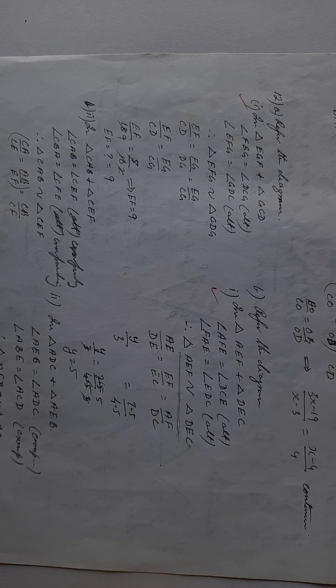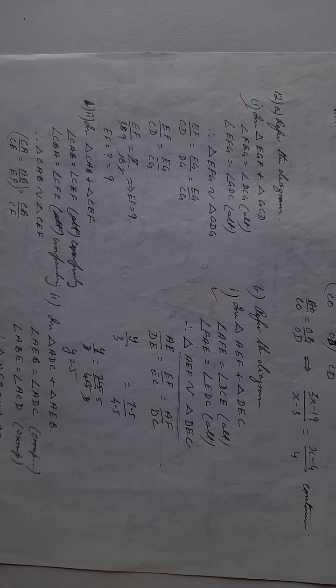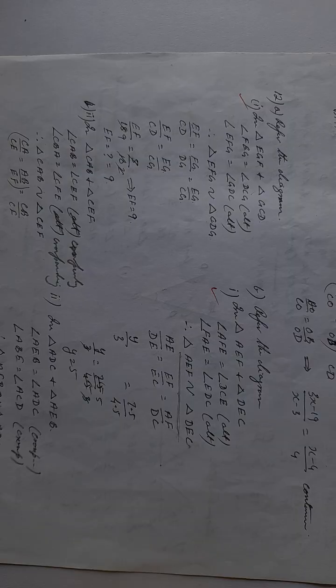Okay, and once you get y, they said you have to find out x. So to find out x, you'll use triangle ADC and EBC, because you know the whole of AD. Follow me.